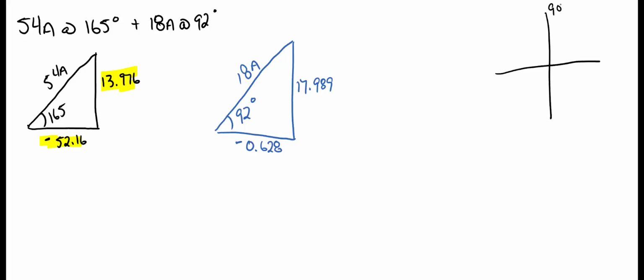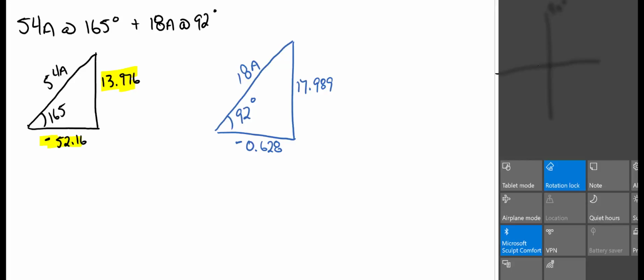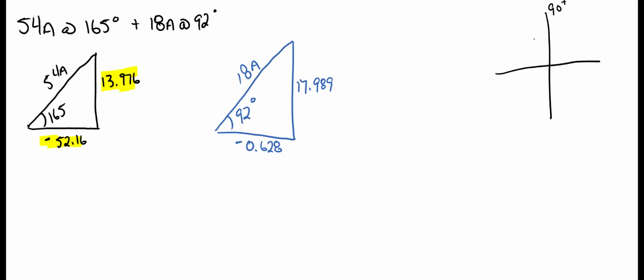Here's my 90 degrees here, which is my positive. But now I've rotated past 90 to 92 degrees. So I'm into that second quadrant again. So just to double check, would I expect a negative horizontal? Absolutely. Would I expect a positive vertical? Right on the money.